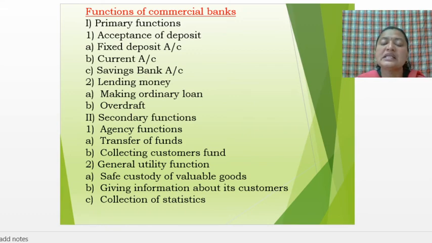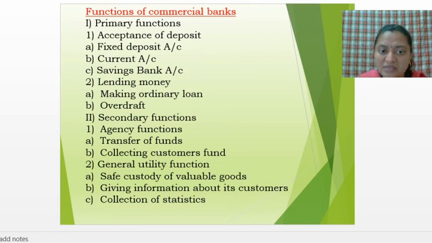Then the savings bank account, meaning a certain amount of money can be saved. If a person is earning a salary of rupees 20,000, he will not spend the entire 20,000. He will spend around 12,000, and the remaining 8,000 he may save in a savings bank account.